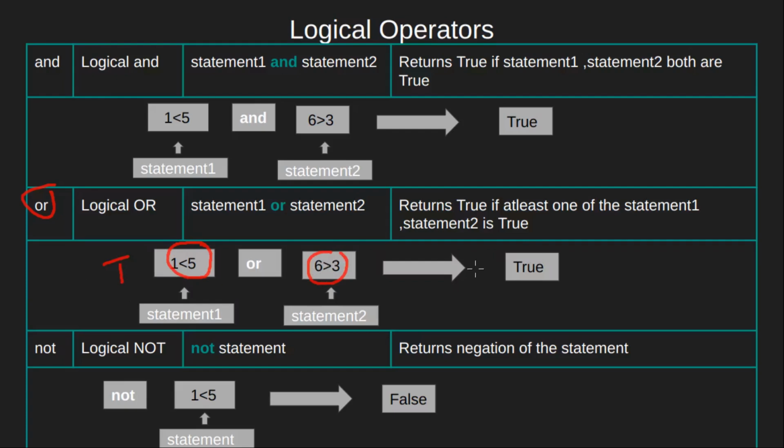Output is going to be true. Only if this is false will it try to figure out the result here. So if both of them are false, only then I'll get a false. If either this statement or that statement is true, the answer is going to be true, which is how an OR operation always works. One of the statements is true, output is going to be true.